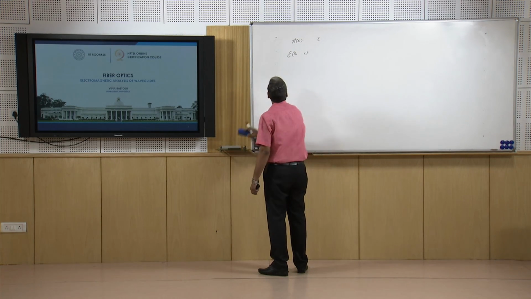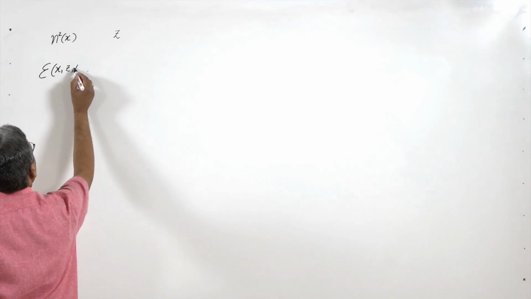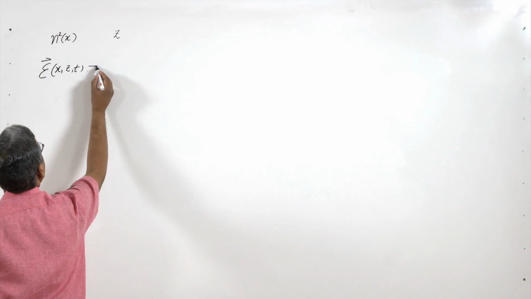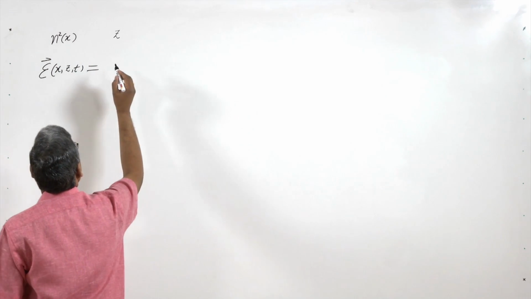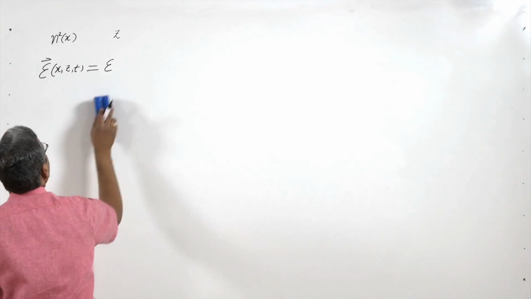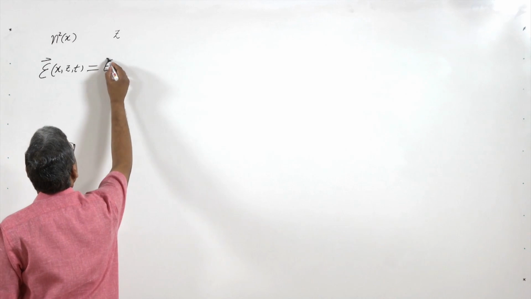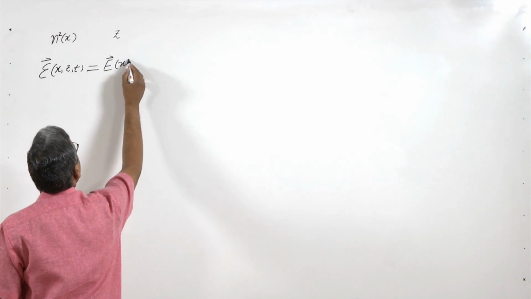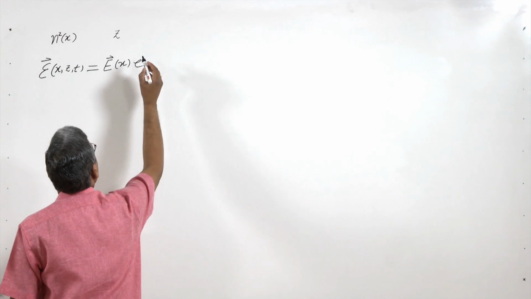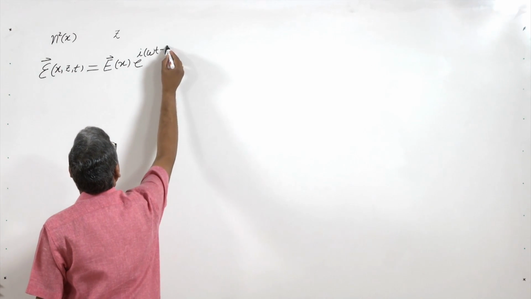So it is simply E(x, z, t) vector is equal to E of x e to the power i(omega t minus beta z).